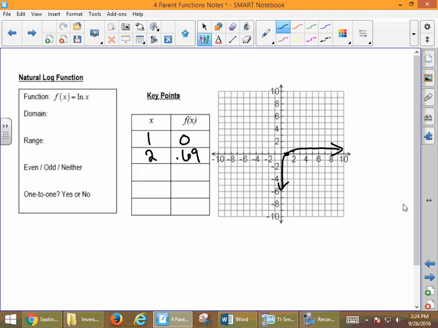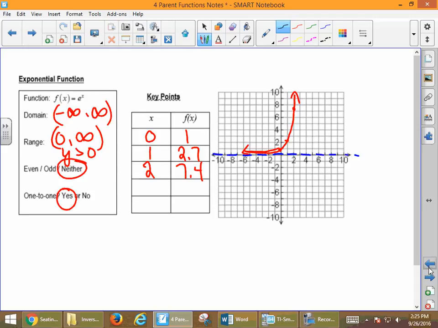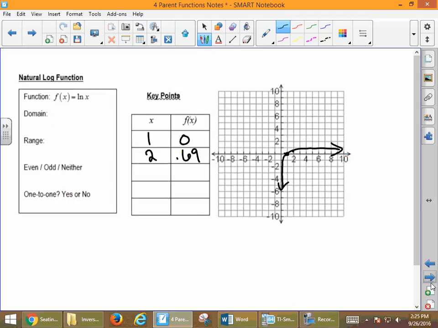Well, if you think about it here for a second, what happened here on this one is we're looking at the inverse function of our e to the x. So our domain from this function was all reals, which means that our range for this function is going to be all reals.